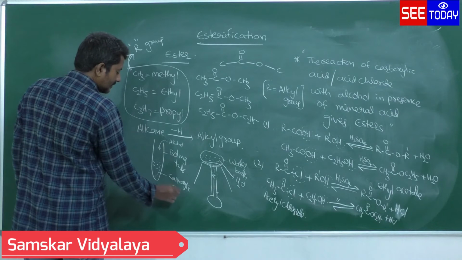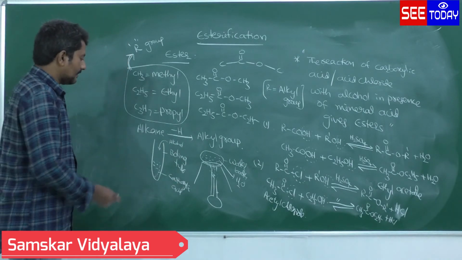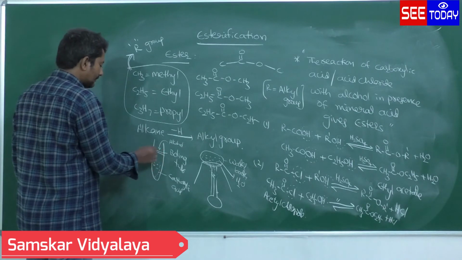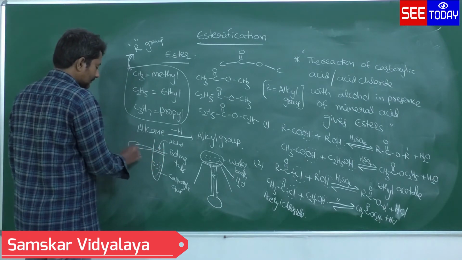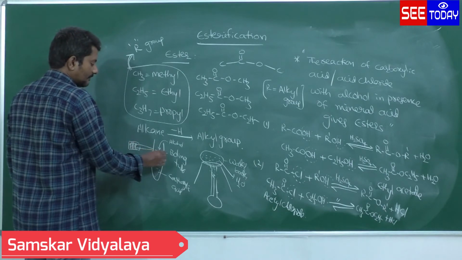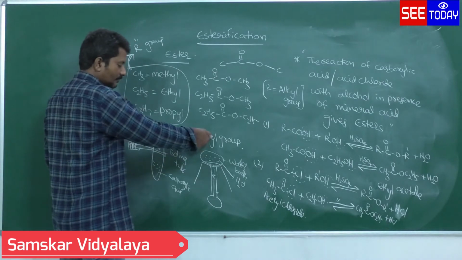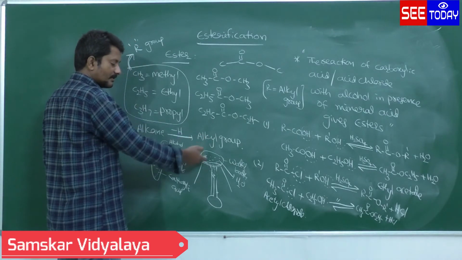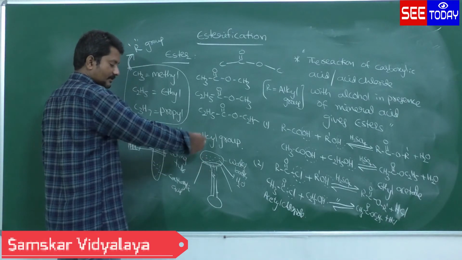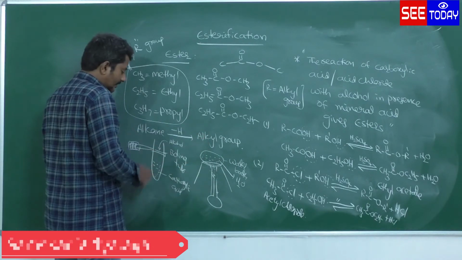Alcohol is nothing but ethanol. Then with the help of the holder, you hold the boiling tube and keep it in the water bath containing the water. Slightly heat it again for 5 to 10 minutes.